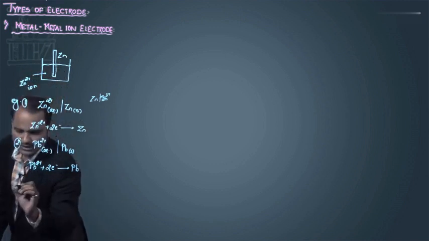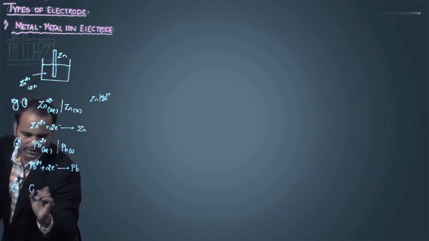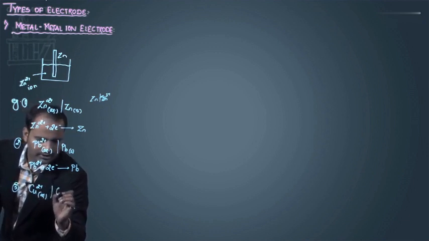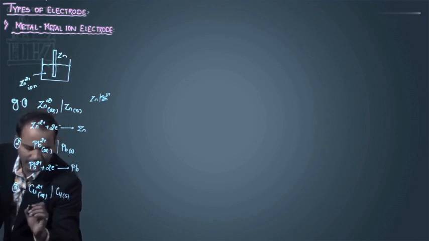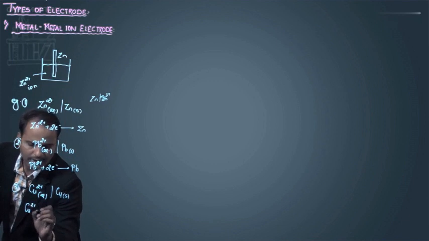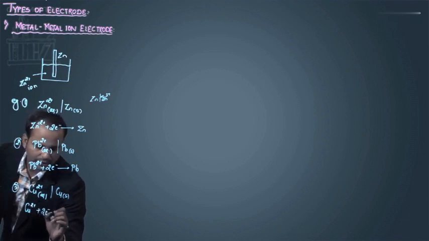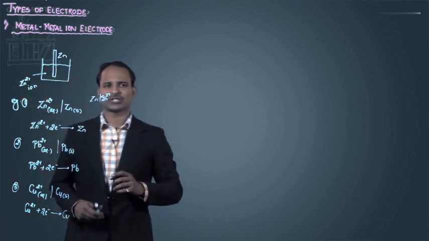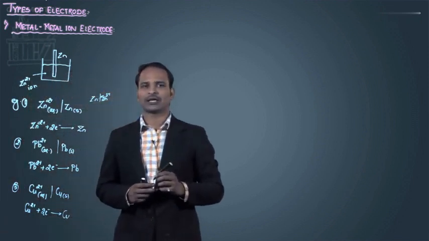Similarly, another example is Cu2+ in aqueous state and then Cu in solid state. So the reaction will be copper ions gaining electrons and producing copper. So this is the first type of electrode, which is known as a metal ion electrode.